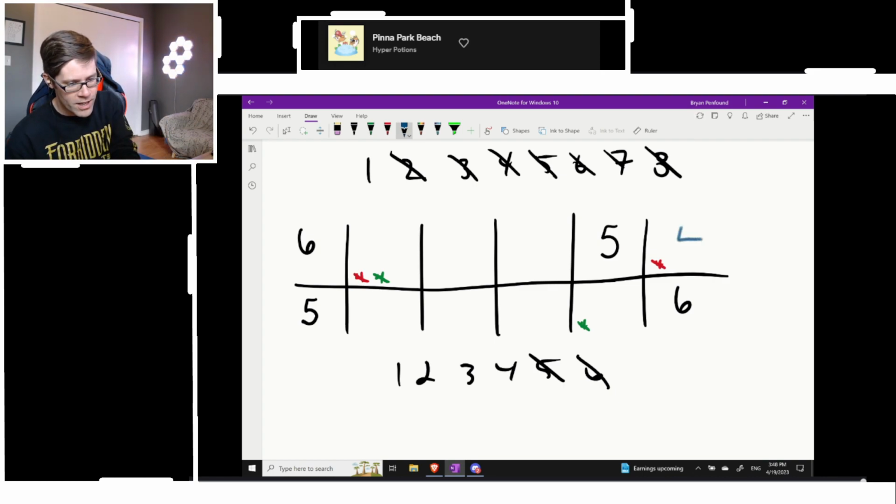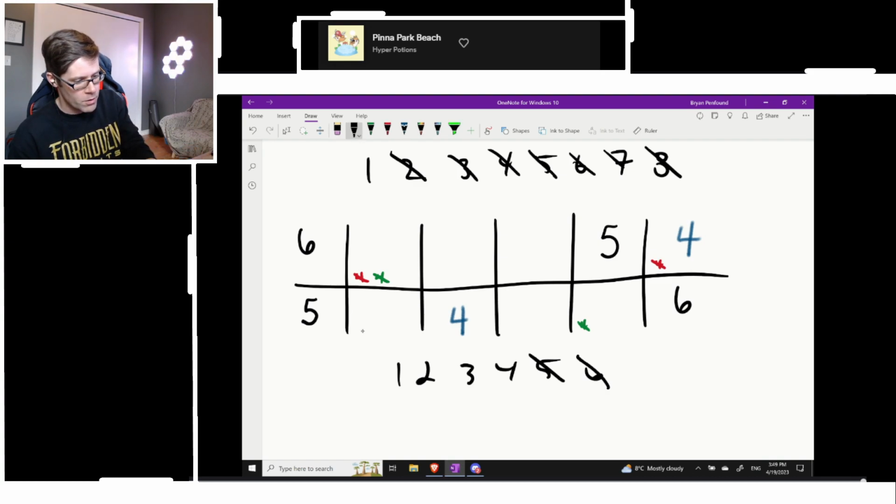I could put a 4 here, and I can go 1, 2, 3, and I could put a 4 here. So this is another possibility. I think this is the last possibility, isn't it? 1, 2, 3, 4. But what if I put 1 here? 1, 2, 3, 4. No, I can't put 1 here.